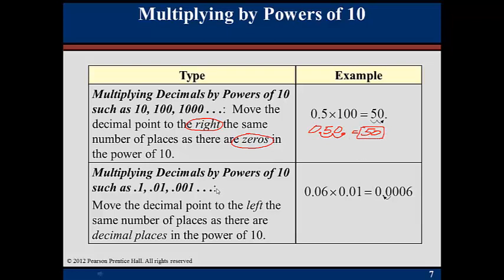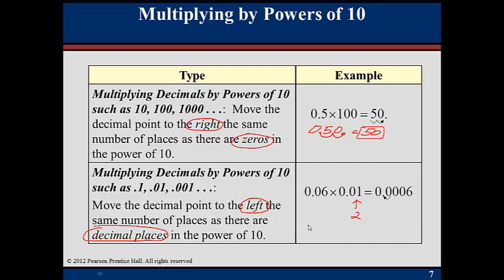What about multiplying the decimals by power of 10, such as 0.1 or 0.01 or 0.001? This time you're going to move the decimal to the left the same number of places as there are decimal places. So here is 0.06 times 0.01. Well, how many decimal places are in 0.01? 2 decimal places.